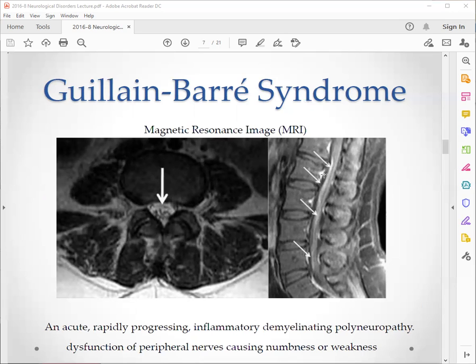What that denotes is some sort of inflammation or demyelination of the nerve itself. This usually presents with peripheral numbness or weakness, and then ultimately that peripheral numbness or weakness begins to move centrally. So that's how people will present.